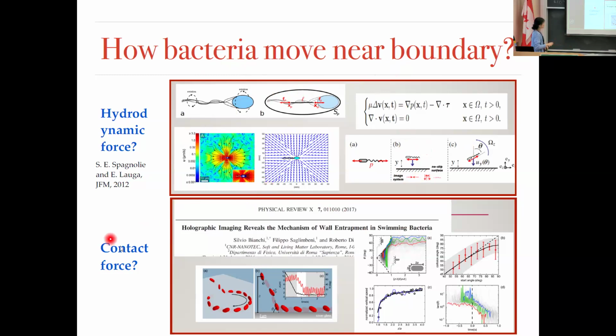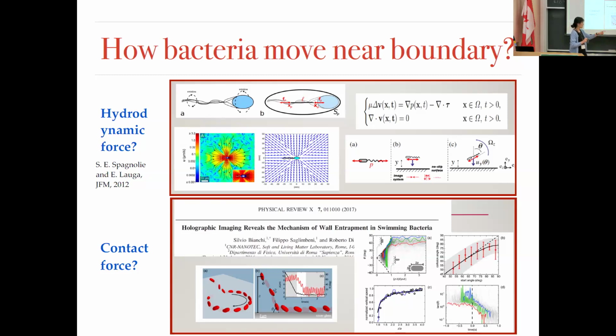The other phenomenon is that even without this kind of fluid effect, the cell head can be considered a rigid body, because the cell is a self-propelled particle. When it goes to a wall, it still has a flagella pushing it to the wall. It doesn't want to change its movement direction immediately.